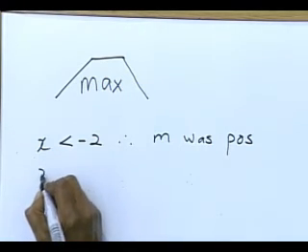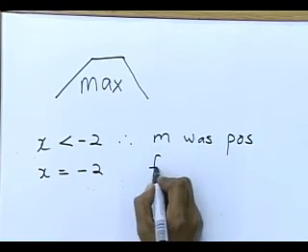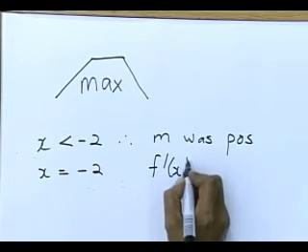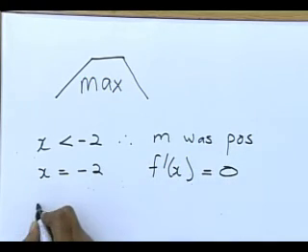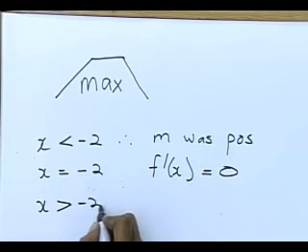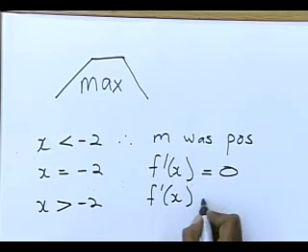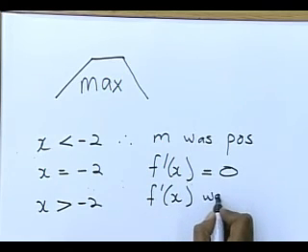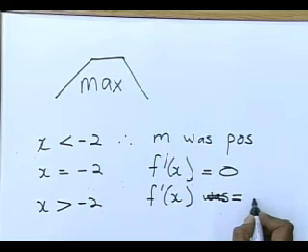At x equals minus 2, f prime of x was equal to 0. And at x greater than minus 2, the derivative or the gradient was negative.